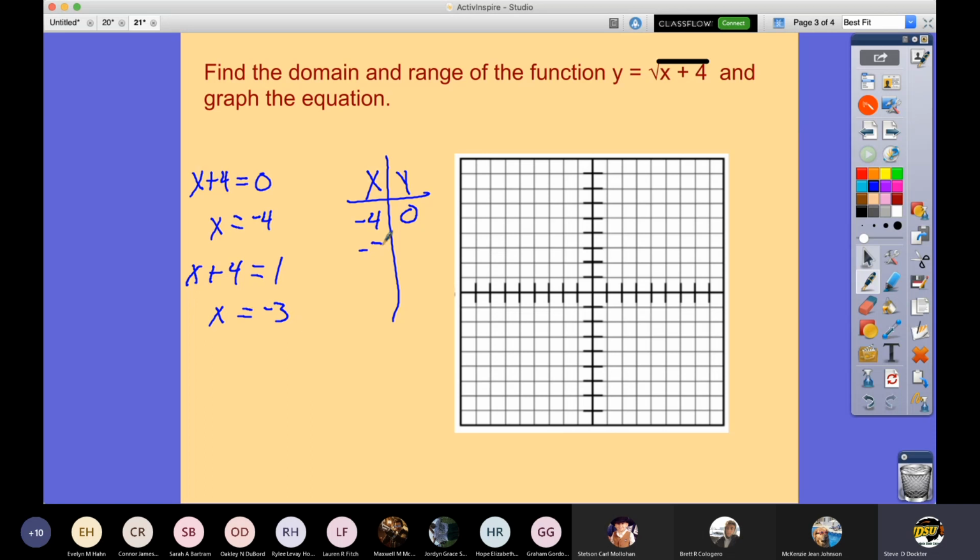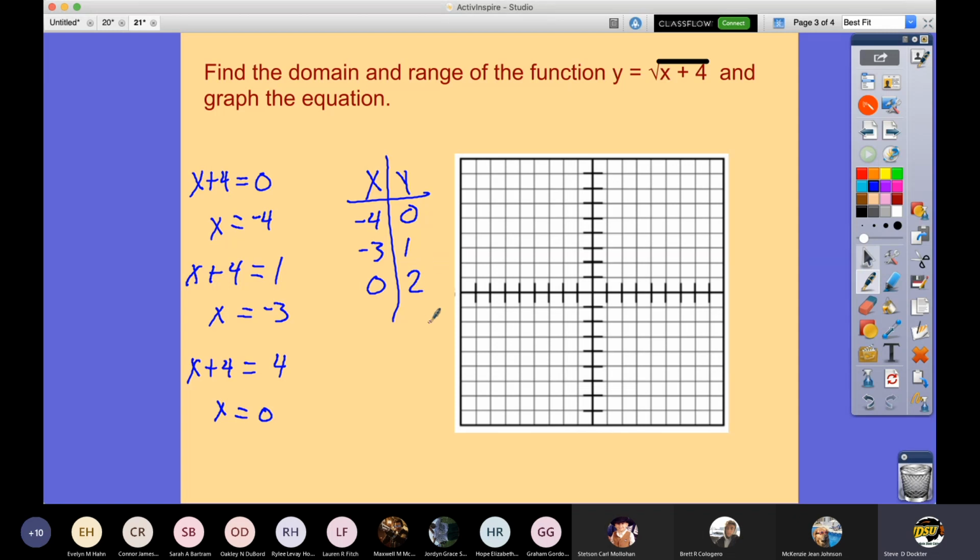That would be the next number that would give us a nice y value here. We plug in -3. -3 plus 4 is 1. Square root of 1 is 1. Then we set this equal to the next biggest perfect square, which would be 4. Let's subtract the 4 over, x equals 0. We plug 0 in, 0 plus 4 is 4, square root of 4 is 2.